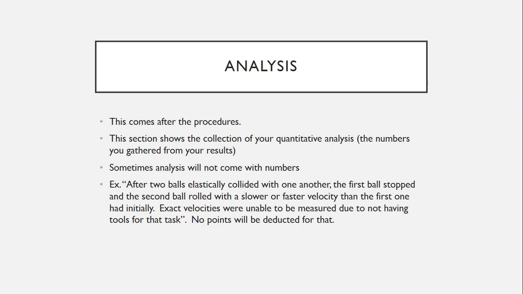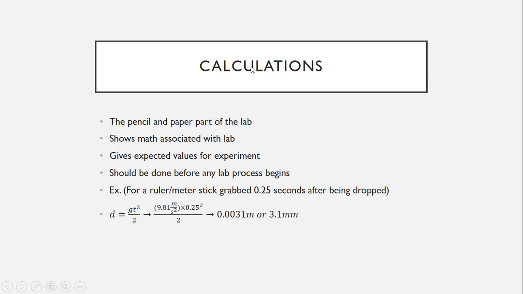Exact velocities were unable to be measured due to not having tools for that task. No points will be deducted for that. That's perfect, that's great. Perfectly fine for this case. Moving on.